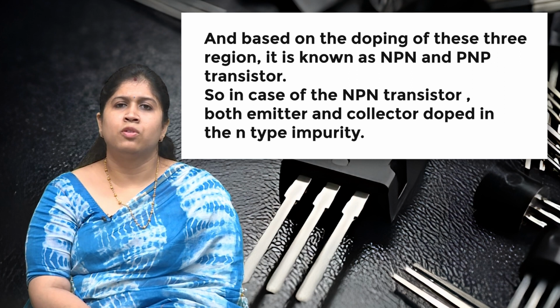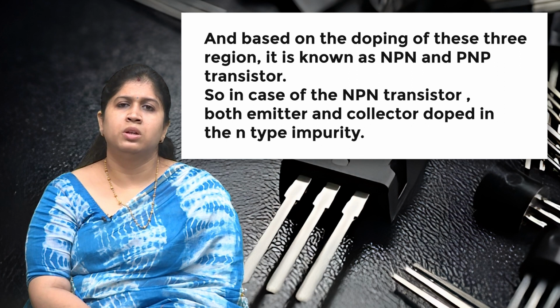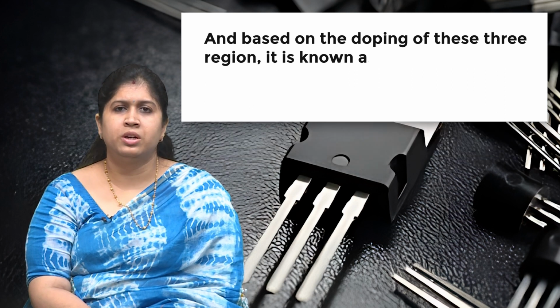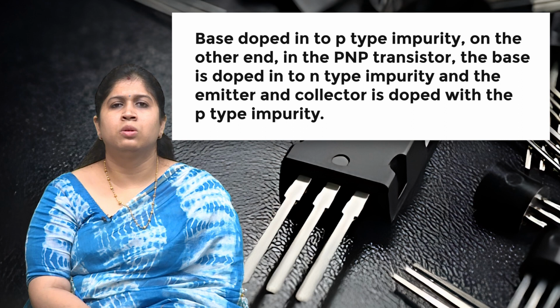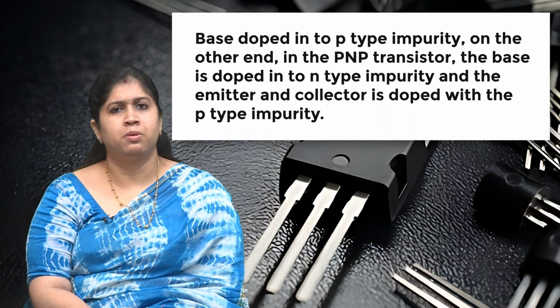In the case of an NPN transistor, both emitter and collector are doped with n type impurity and the base is doped with p type impurity. On the other hand, in the PNP transistor the base is doped with n type impurity and the emitter and collector are doped with p type impurity.